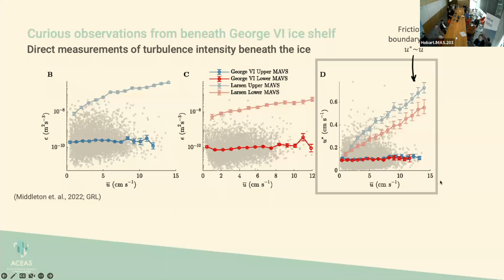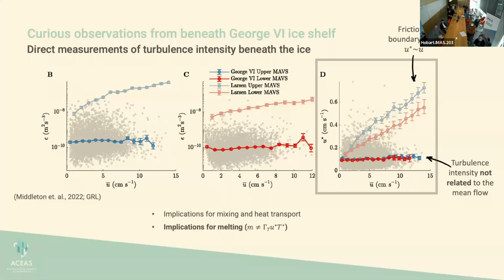If we look at the darker lines down the bottom and the scatter, this is showing that the friction velocity here is totally not correlated to the free stream flow. And so, again, this is another way of looking at the fact that the processes driving the mixing are totally different.